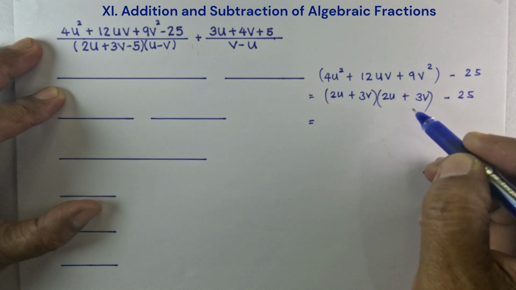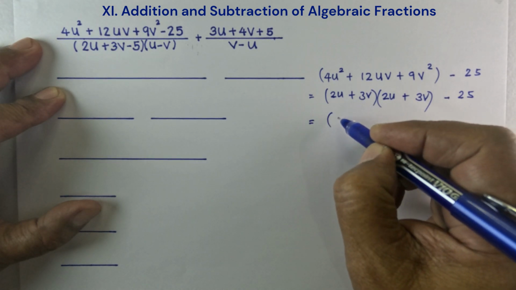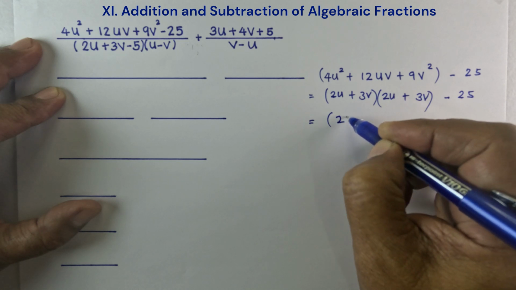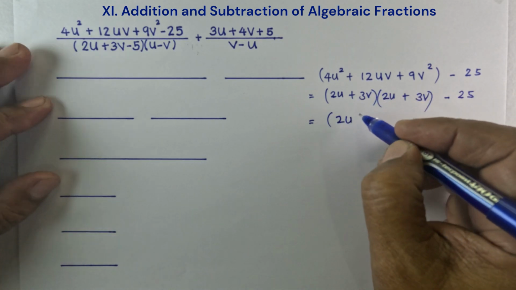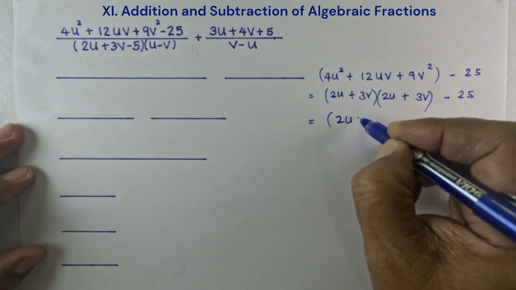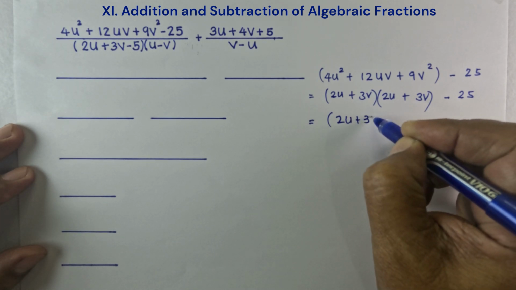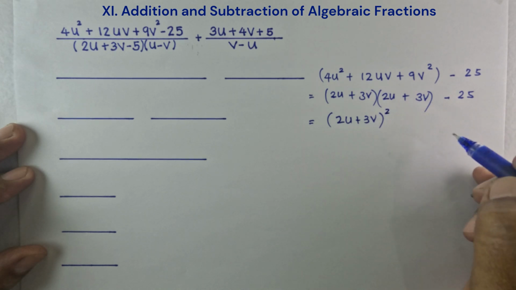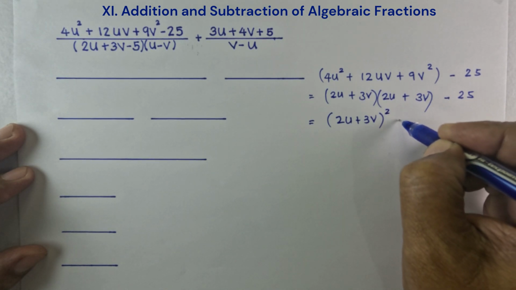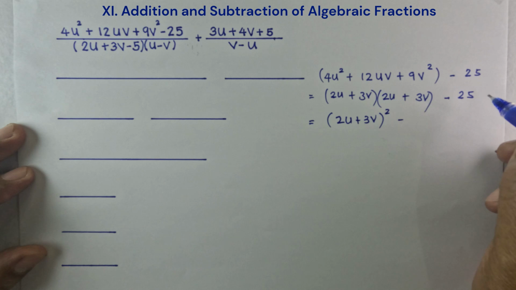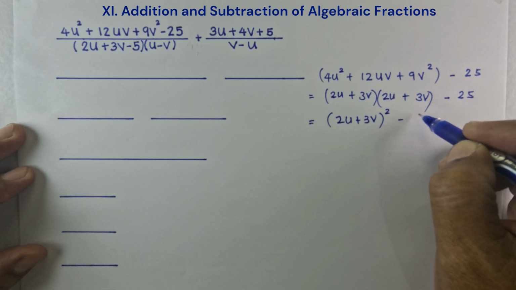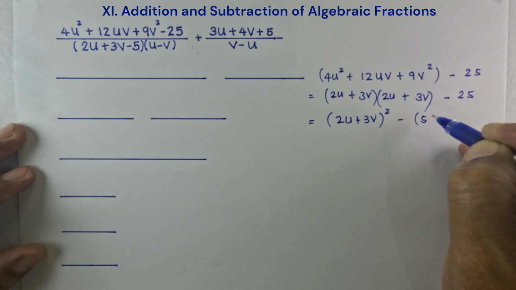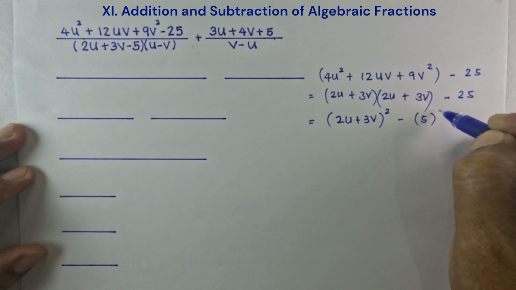Now we can rewrite this as 2u plus 3v quantity squared minus, we can write 25 as the square of 5.